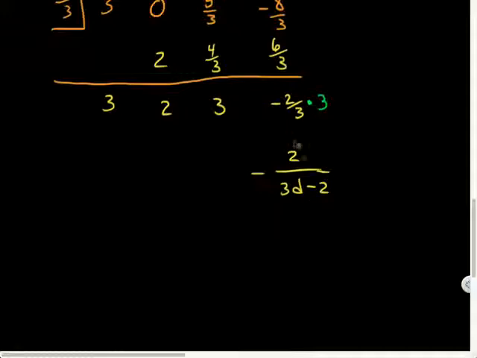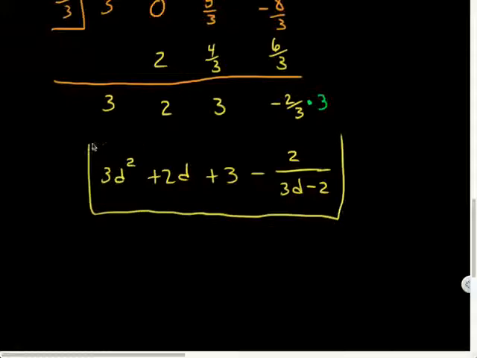My variables are d's. So 3 will be my constant. 2 will be my linear term, so that's plus 2d. And 3 will be my quadratic term. So 3d squared plus 2d plus 3 minus 2 over 3d minus 2. Instead of writing plus and negative, it's way cooler to just write minus a positive. So there we go. Hopefully that's my answer.